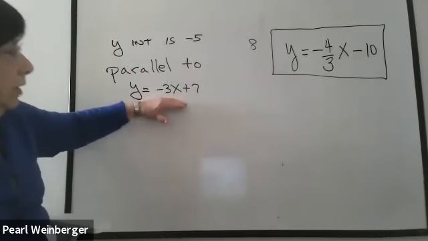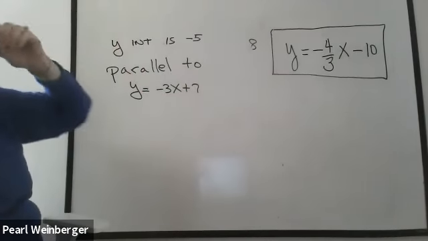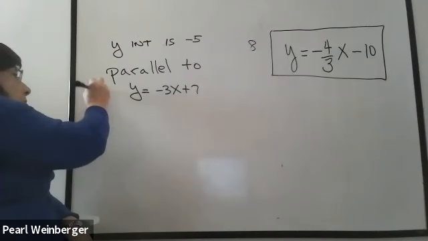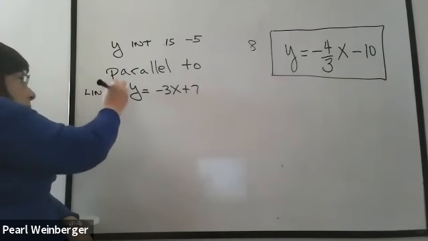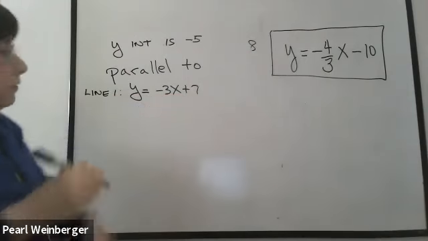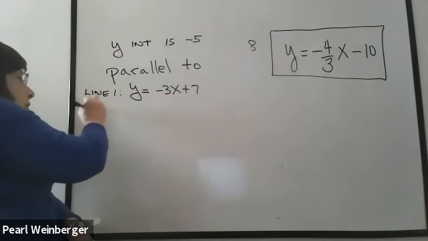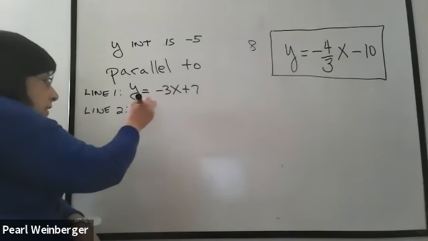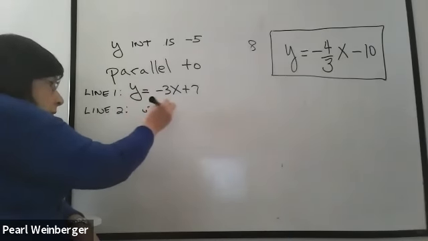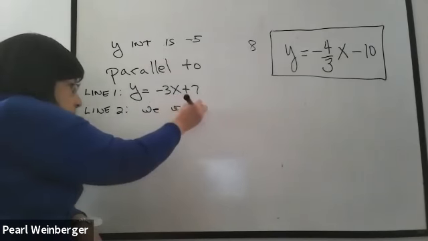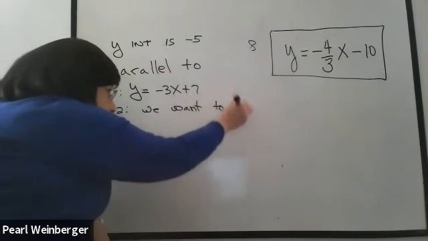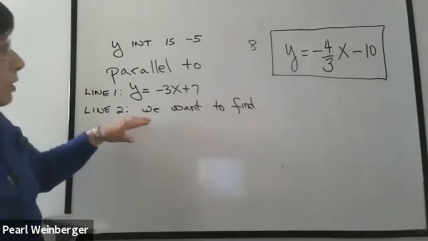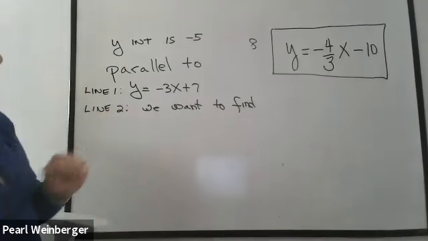I have one line, but they're asking me to find an equation of another line. Let's call this line 1, the line that they give me the equation of. And let's call line 2 the other line, the one we want to find out. We're looking to find the equation of line 2.